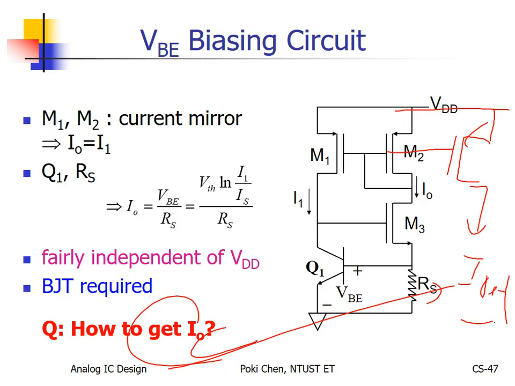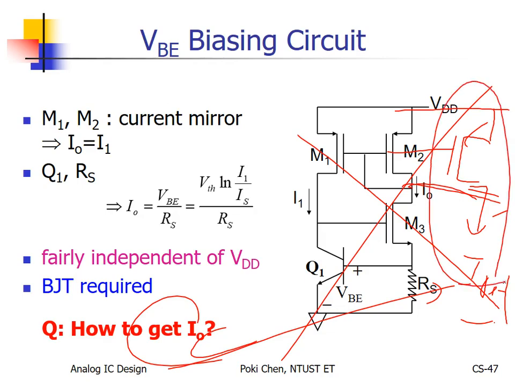How can you supply your IO, your reference current, to the other circuit? Don't tap out, because after tapping out, the condition will be destroyed. What John said is a standard process for you to duplicate such kind of very good current: current mirroring.